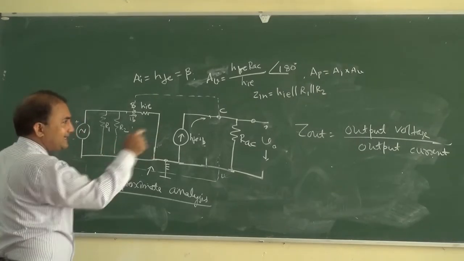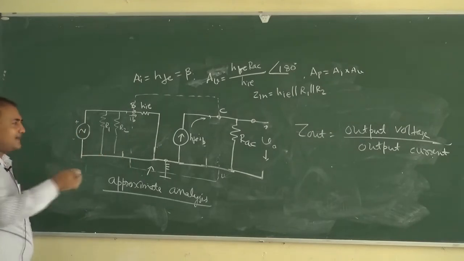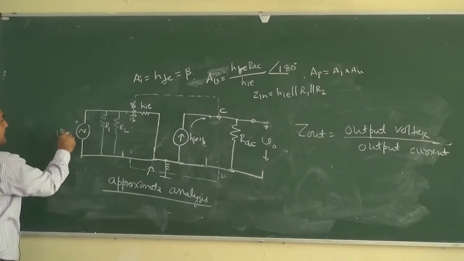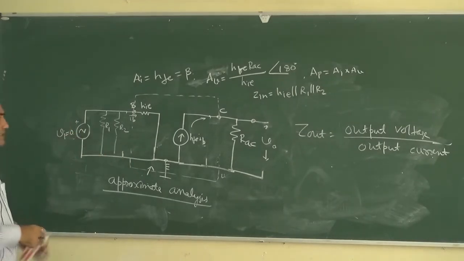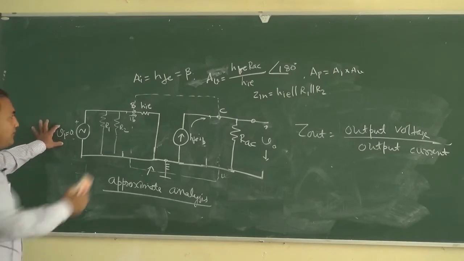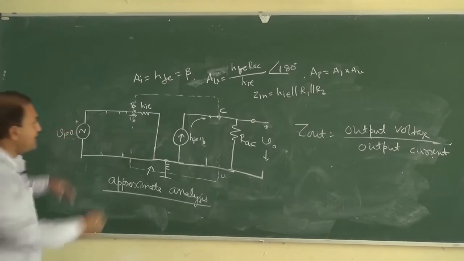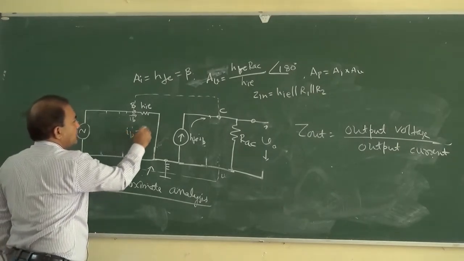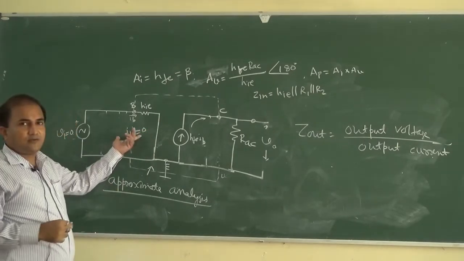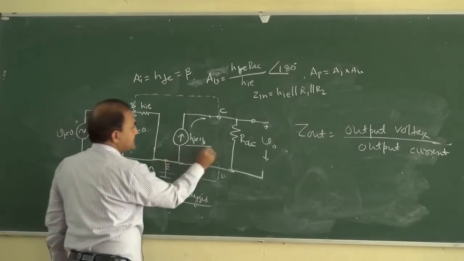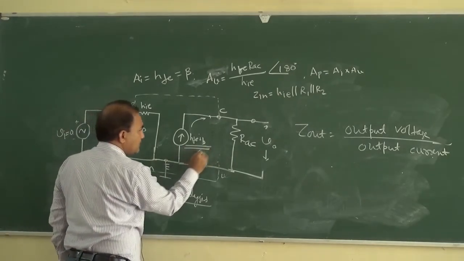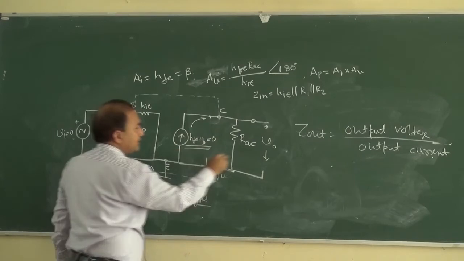If Vi is 0, then Ib is equal to 0. If Ib is equal to 0, then HFE into Ib is also equal to 0.